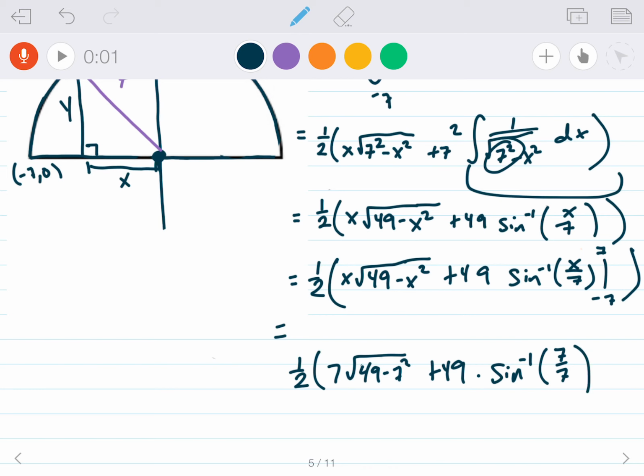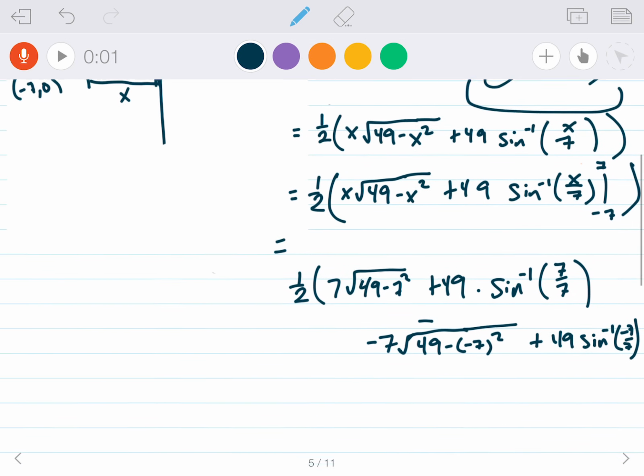And then we're going to subtract what we get when we plug in -7 for x. Again, I'm just plugging in -7 anywhere I see an x, by the fundamental theorem of calculus. So this is going to be minus -7 root 49 minus -7 squared plus 49 sine inverse of -7 over 7.